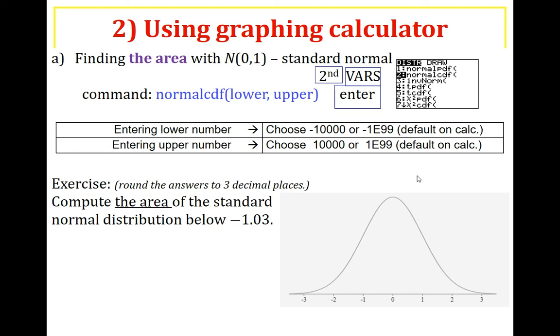It says compute the area of a standard normal distribution below a 1.03. So I want to be below a 1.03, and I want the area to the left of that. I'm looking for the p-value because it says area. But we're not going to use StatKey. We're going to use our calculator, so I'm going to go to my calculator.